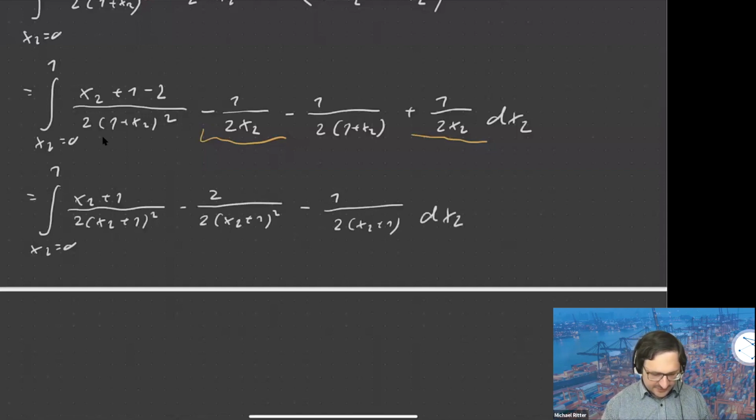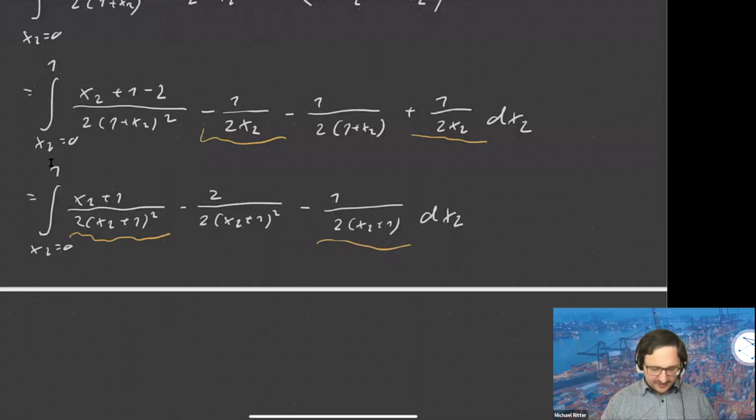And so you can see that this x2 plus 1 expression cancels out. And that means I have the same expression here and here, again with a different sign, so those cancel out as well.